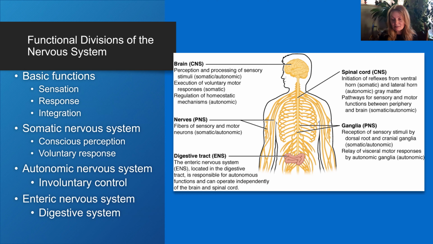It processes this information, integrates it, compares it with your previous memories and experiences, and then makes a decision about what to do with it. Your central nervous system sends impulses to your muscles or glands, and they respond based on the type of sensory information they received.